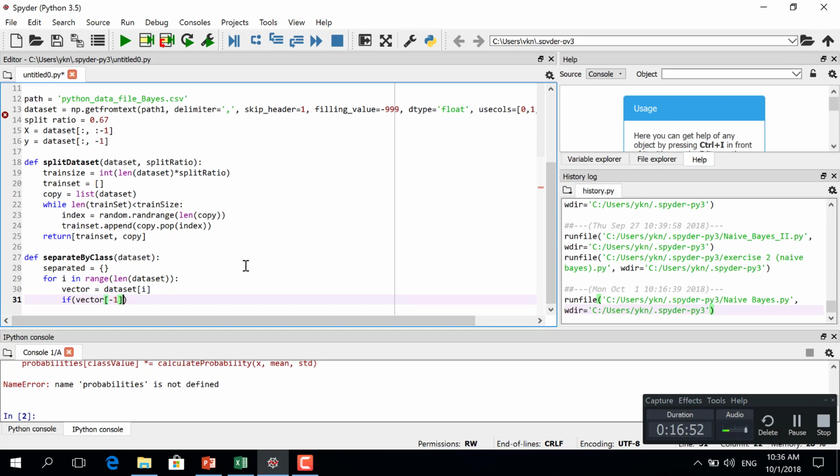Now we are working with one group. It is called -1, not in separated. Okay, it should be.